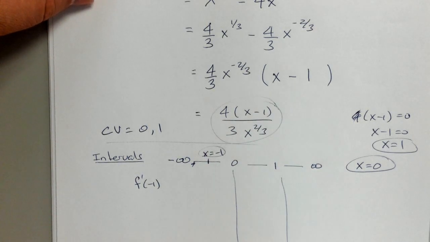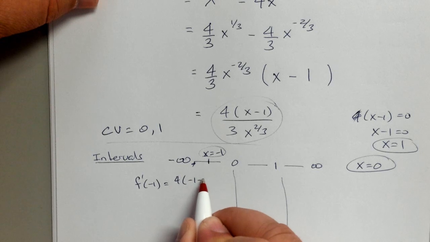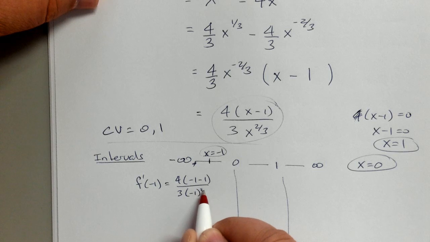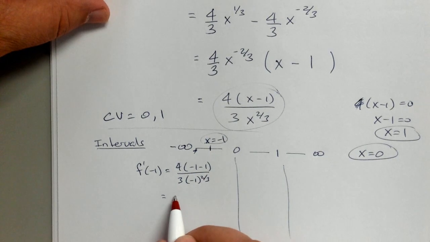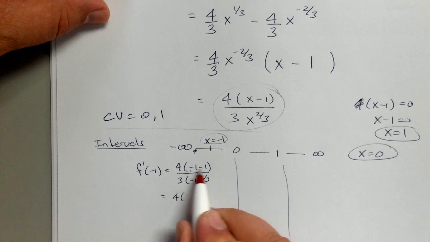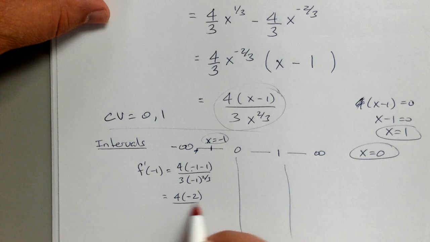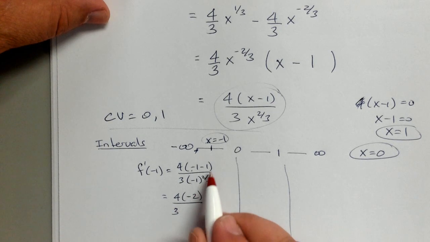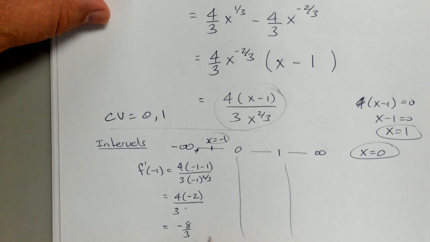Negative 1 minus 1 is negative 2. Negative 1 squared is 1, and the cube root of that is 1. So our answer is negative 8/3.